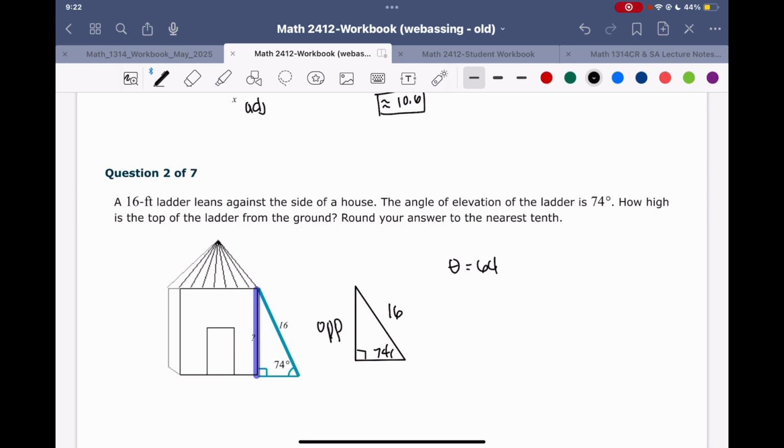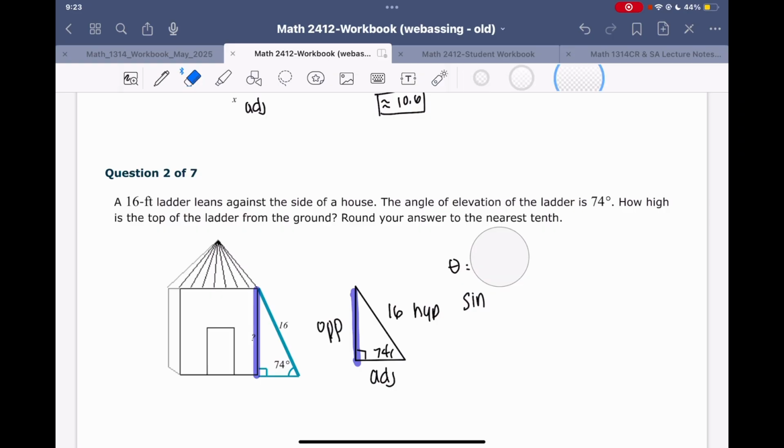So to find that with what we're given, I'm going to say that we want to use the sine function. So we're going to say sine, not 64, 74. Sine of 74 is going to be equal to x over 16.